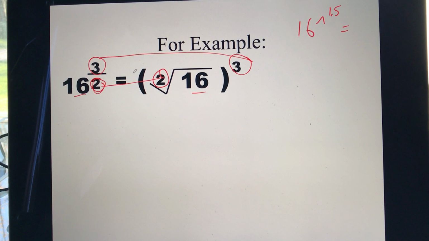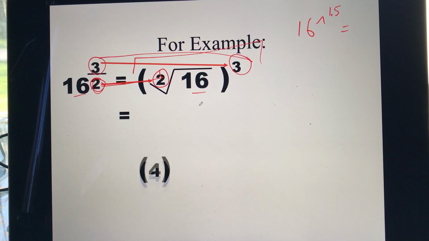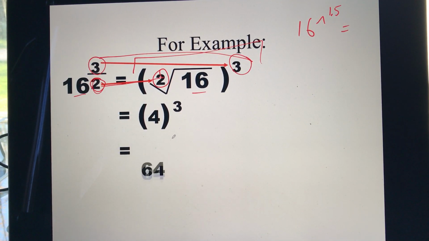The right-hand side is much easier for us to deal with, because I know the square root of 16 is 4, and 4 cubed is 64. So if you use your calculator and type in 16 to the 3 over 2, you should get 64. Your calculator is actually just square rooting it first and then raising it to the power of 3.